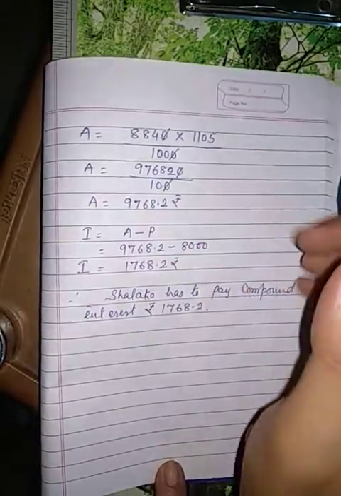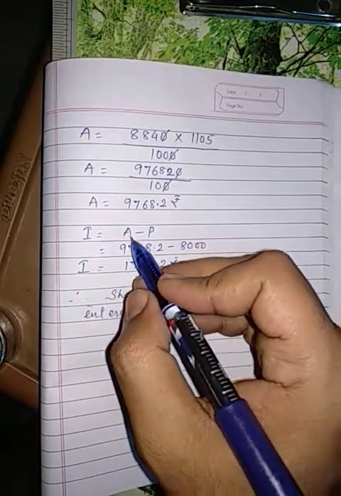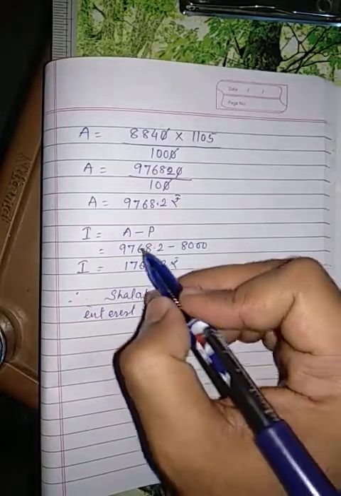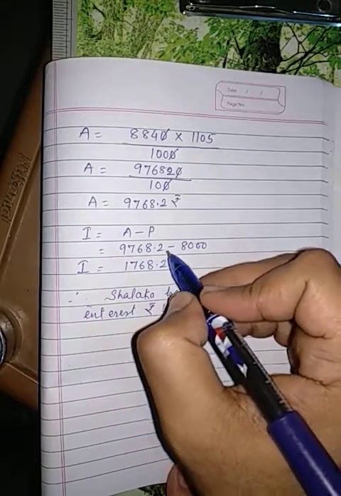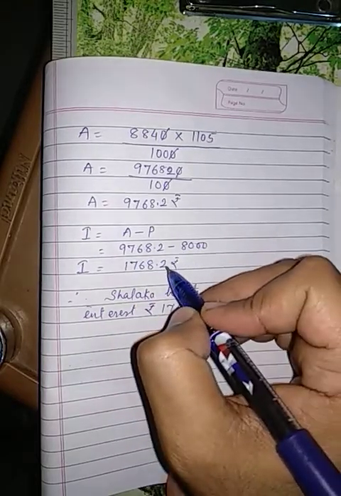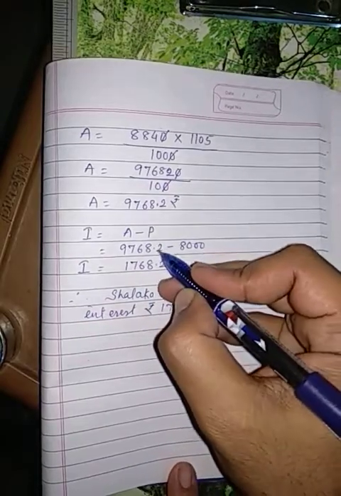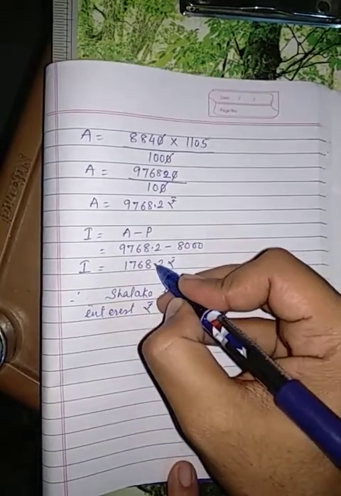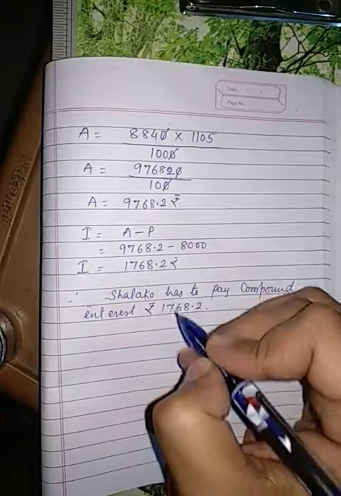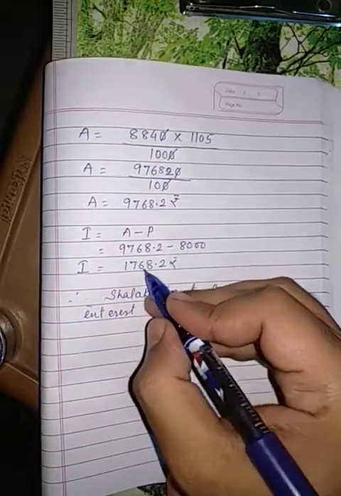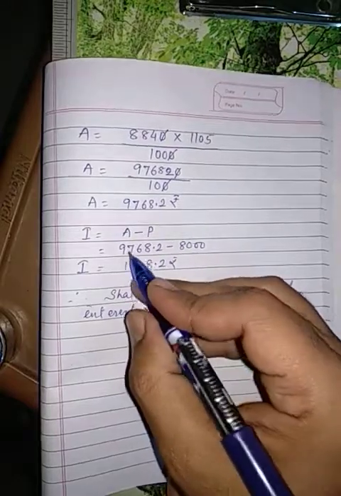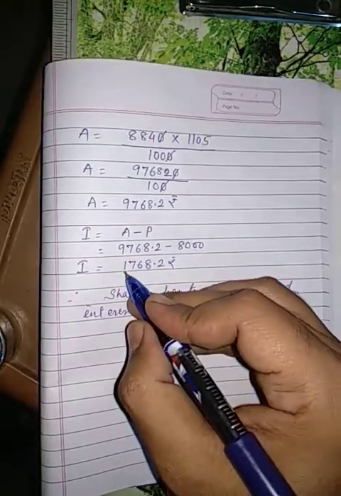So 9768.2 rupees. Compound interest is amount minus principal. So subtract this amount 9768.2 minus 8,000. Remember the decimal point here, it is given, so you have to write 0.2 only. 8 minus 0 is 8, 6 minus 0 is 6, 7 minus 0 is 7, 9 minus 8 is 1.